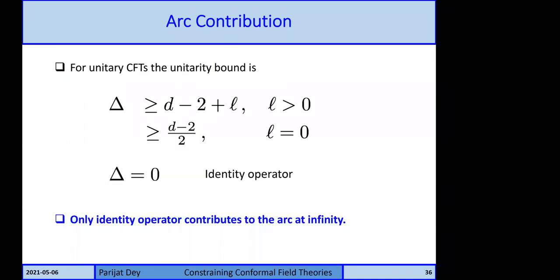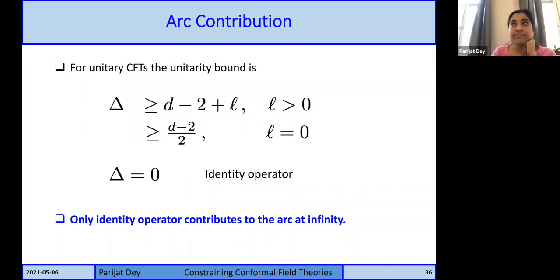Sorry, but if you're talking of the Ising model, that is not really a unitary CFT, right? There are actually some, the Wilson-Fisher theory is non-unitary in some sense, but the non-unitarity is there only when you are in non-integer dimensions.